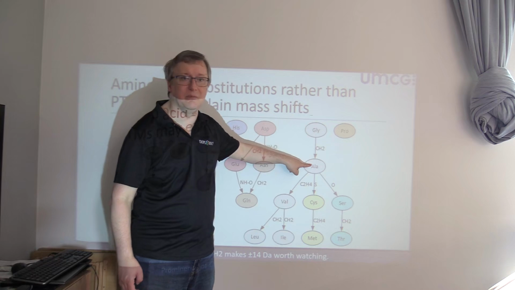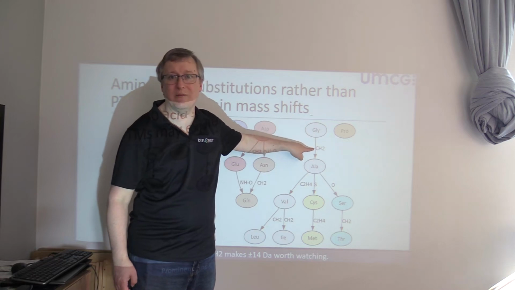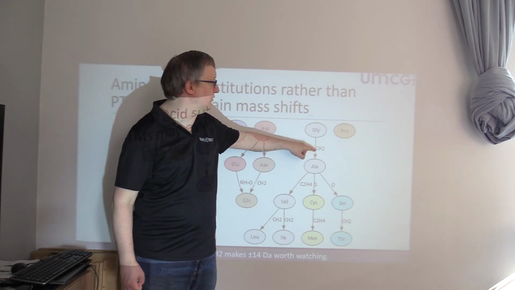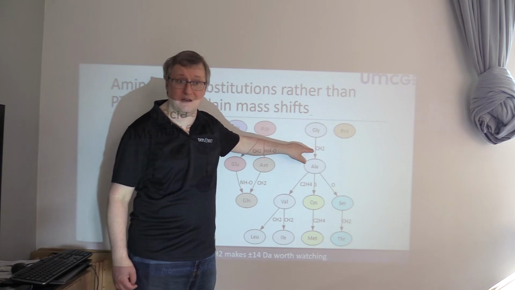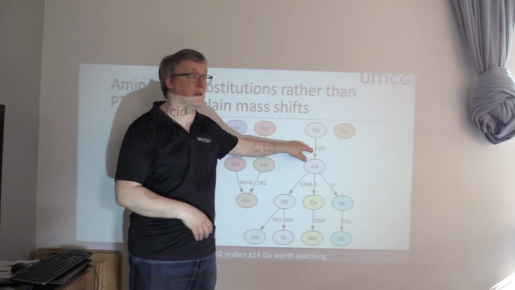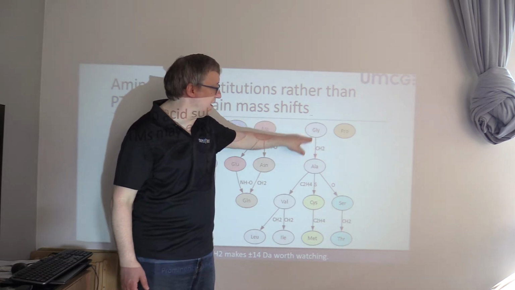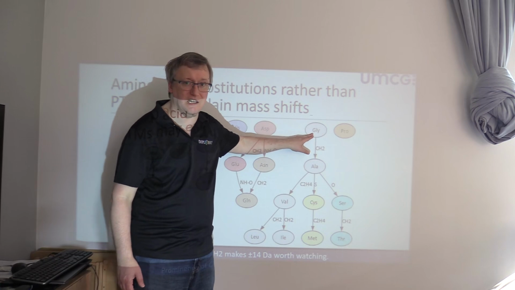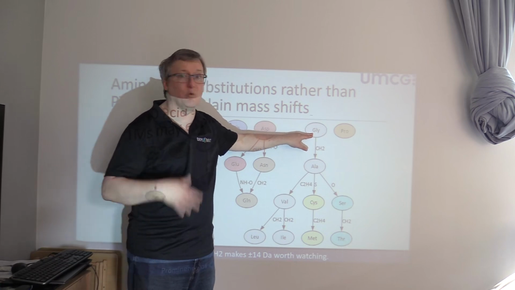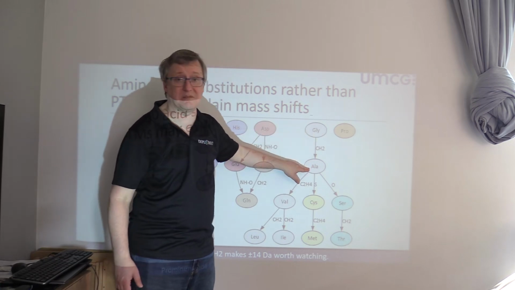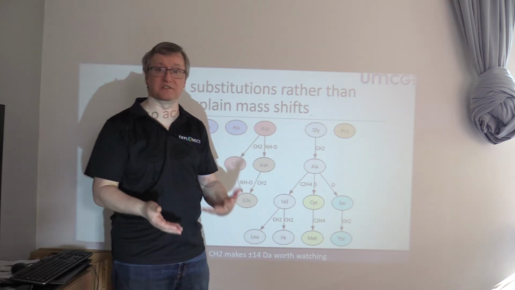The difference between them is CH2, a methylation change. So if you see a plus 14, maybe it represents a methylation of lysine, or maybe it represents that a glycine in the sequence database, maybe the wild type sequence, has been replaced by alanine in this particular person's tissues.